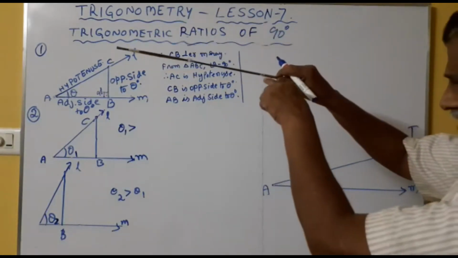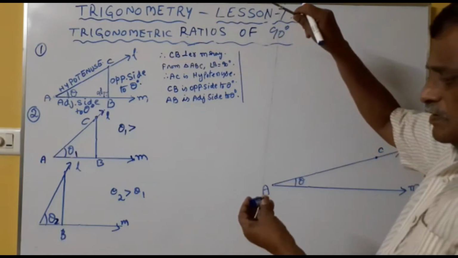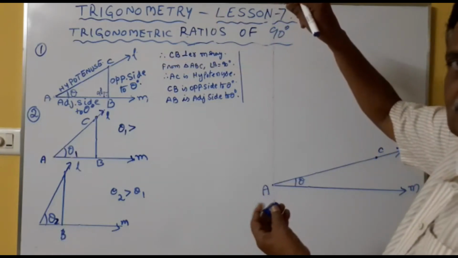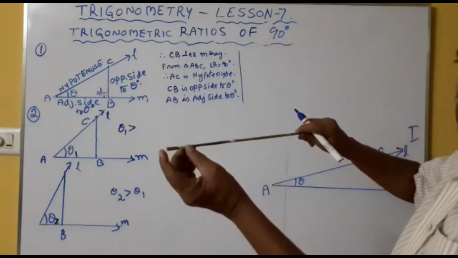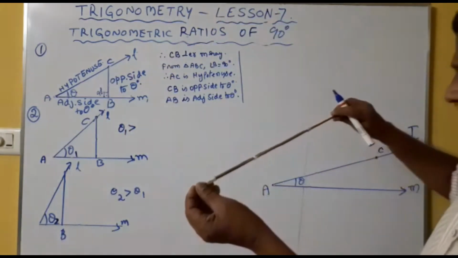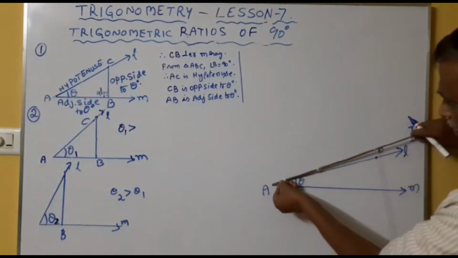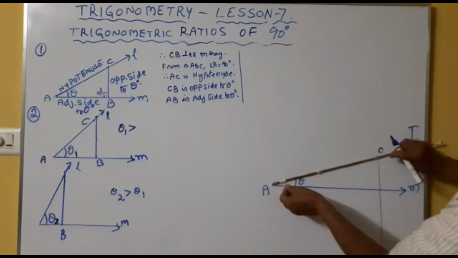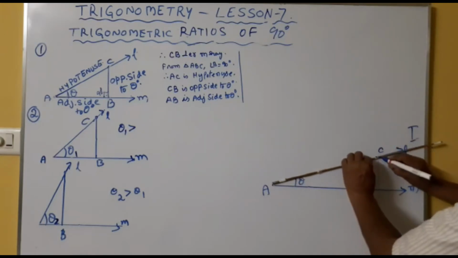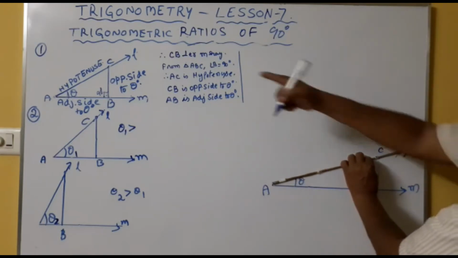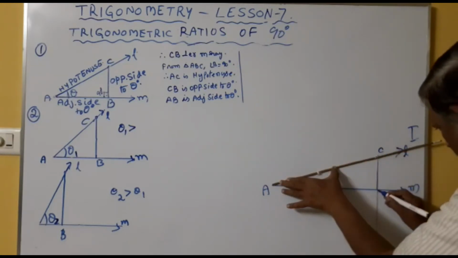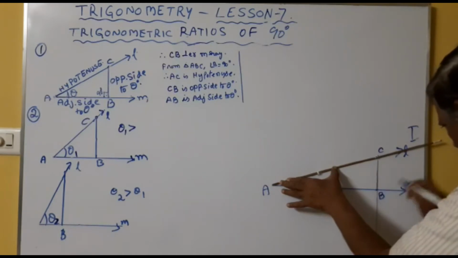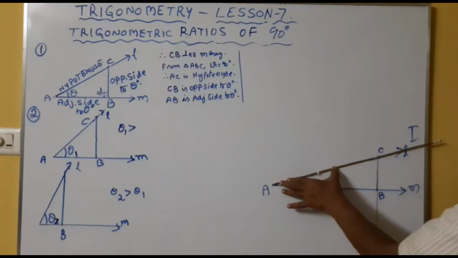To make the thread straight, a light weight is attached at the tip of the thread. The tip of the stick is placed at A, and the position of the point of suspension is taken as C. This is the perpendicular drawn from C onto M ray, and the foot of the perpendicular is B.